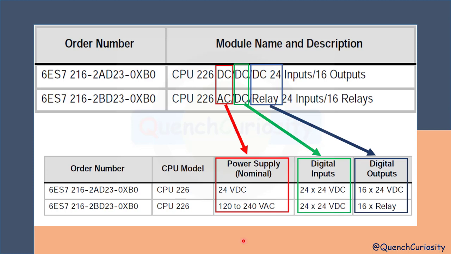If it says AC, it is going to require a 120 volts or 240 volts AC supply. Now again, it depends on the area where you are. If it is in India, it's 50 Hz, and it will vary between 220 to 240. If it's in foreign countries where 60 Hz is applied, it will be around 110 to 120.